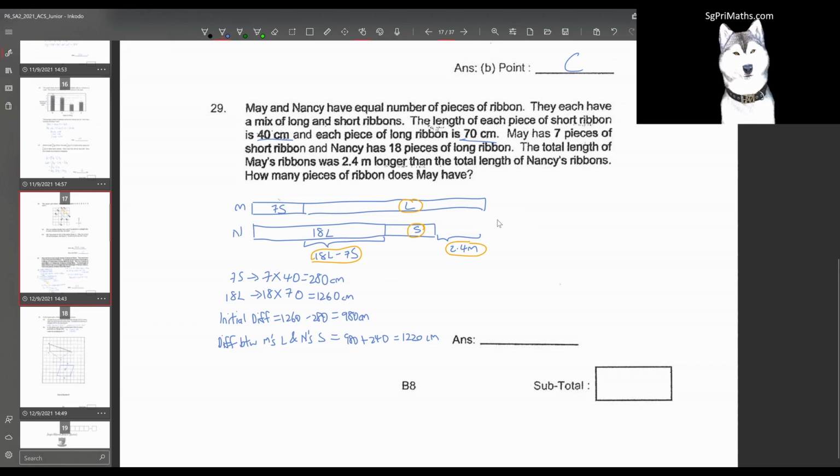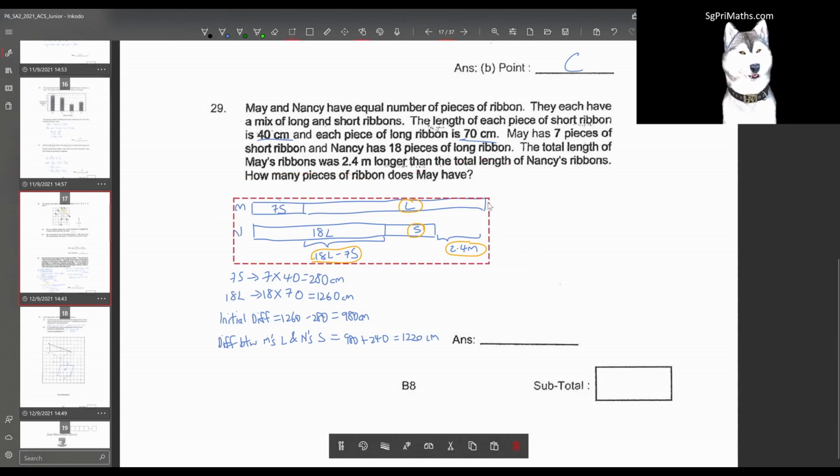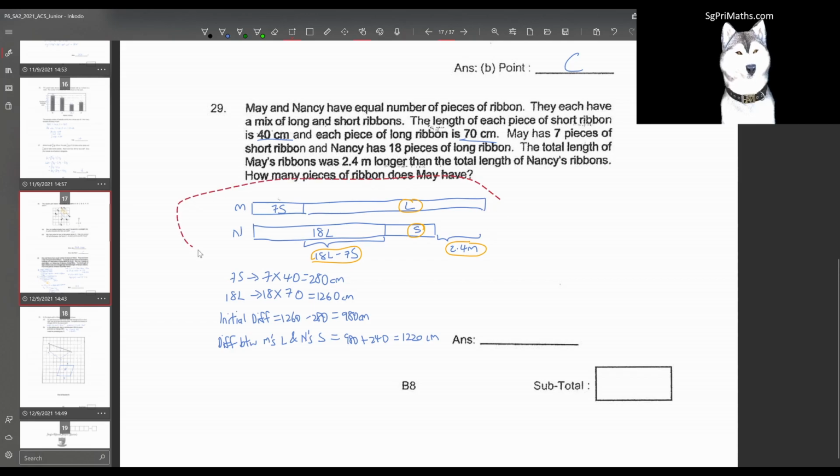Okay, let's draw the model here. So this is May's long and Nancy's short.